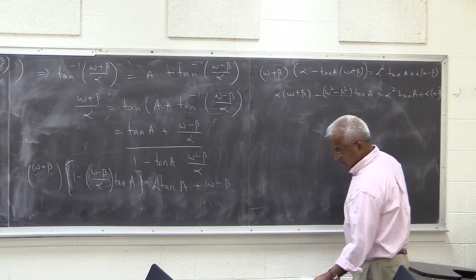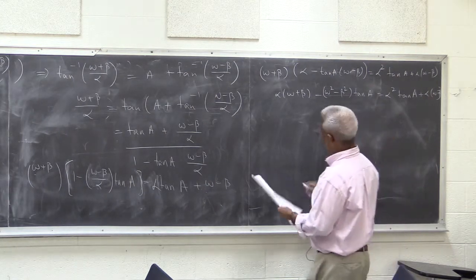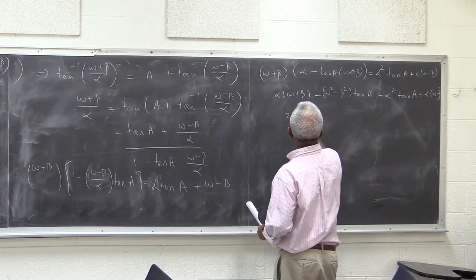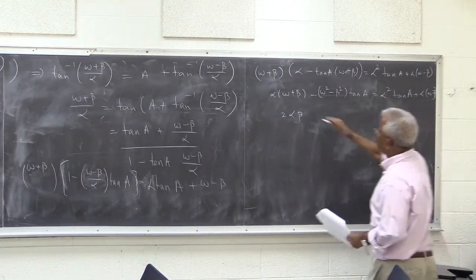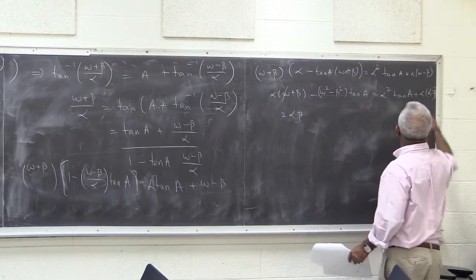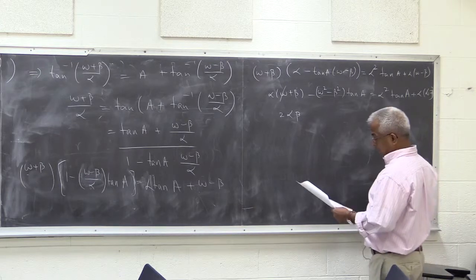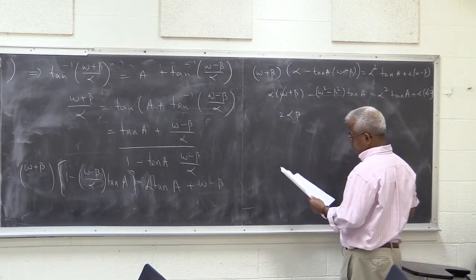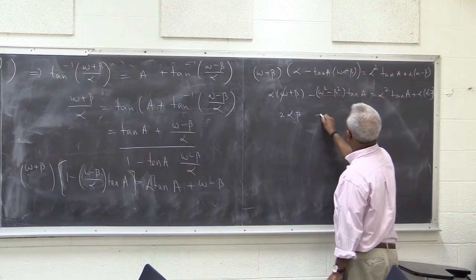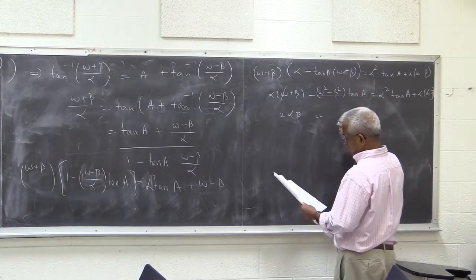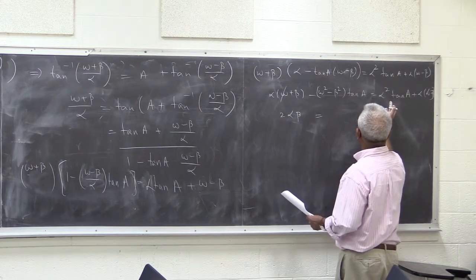So let me collect the tan terms together. So I get 2 alpha beta, alpha beta, alpha beta. Alpha omega cancels here. And all the other terms go to the other side.